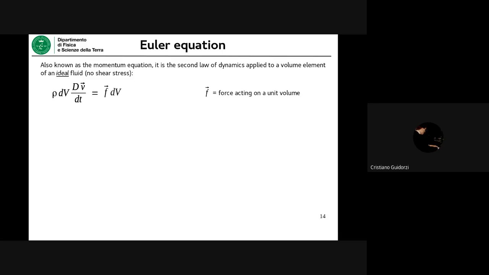So given that dV is the volume of the element that we're considering, the force is just F dV. But then there's also another force that you should remember when talking about fluids. If pressure has some gradient, so if the pressure gradient is non-zero, well, minus the gradient of pressure is also a force acting per unit volume.